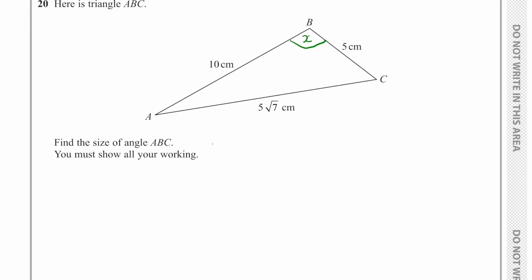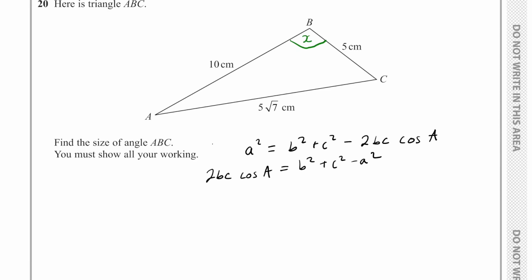So the cosine rule usually is a squared equals b squared plus c squared minus 2bc cos A. The rearranged version, we add 2bc cos A to both sides and take away a squared from both sides and then divide by 2bc.